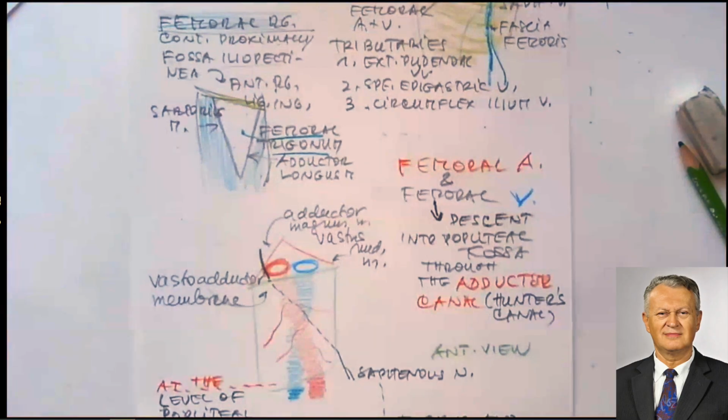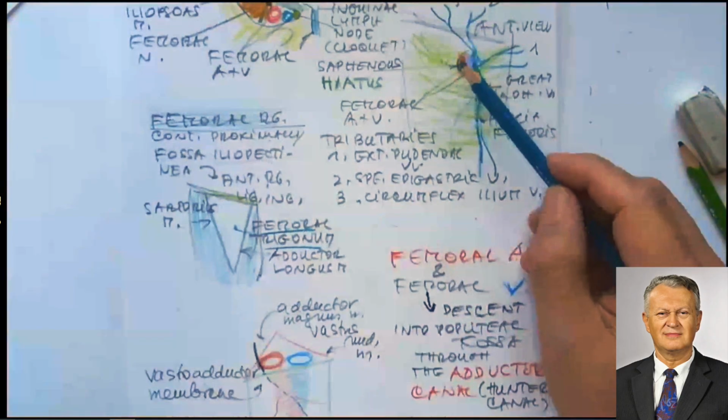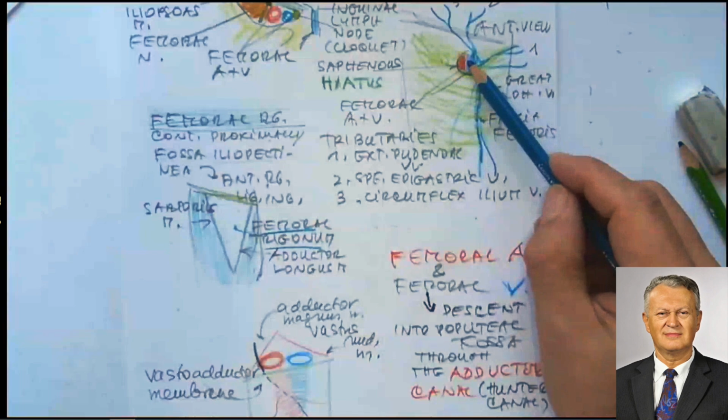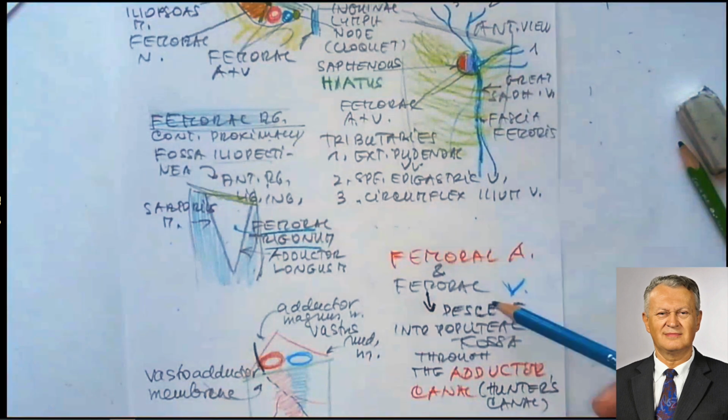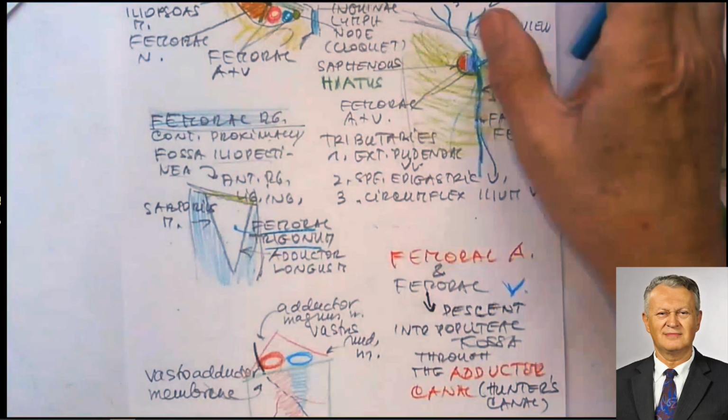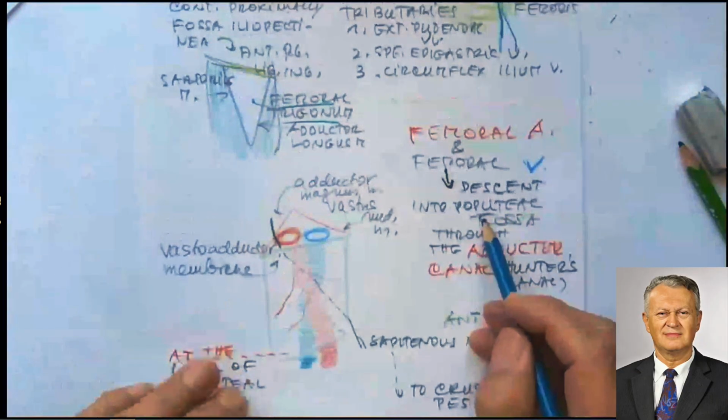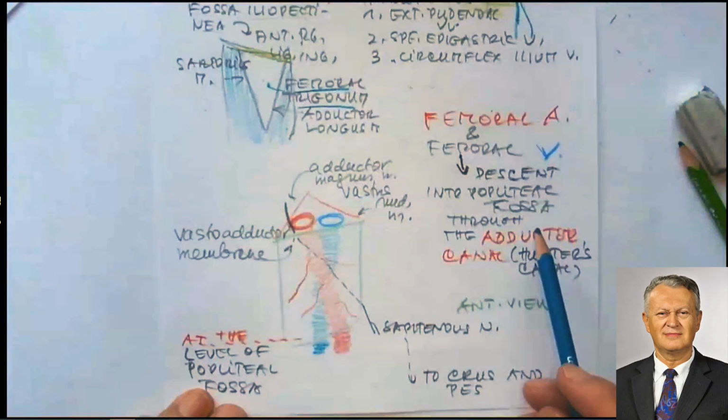Concerning the bigger structures in the area, the femoral vein and femoral artery descend into the popliteal fossa through the Hunter's canal.